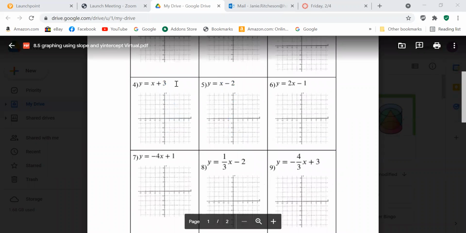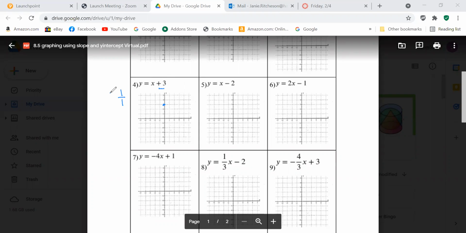Number 4, we do have a y-intercept besides 0. It's +3. So we're going to find +3 on the y-axis. There's no number being multiplied by x, which means the slope is 1. We can write 1 as a fraction, 1 over 1, so our rise is +1.